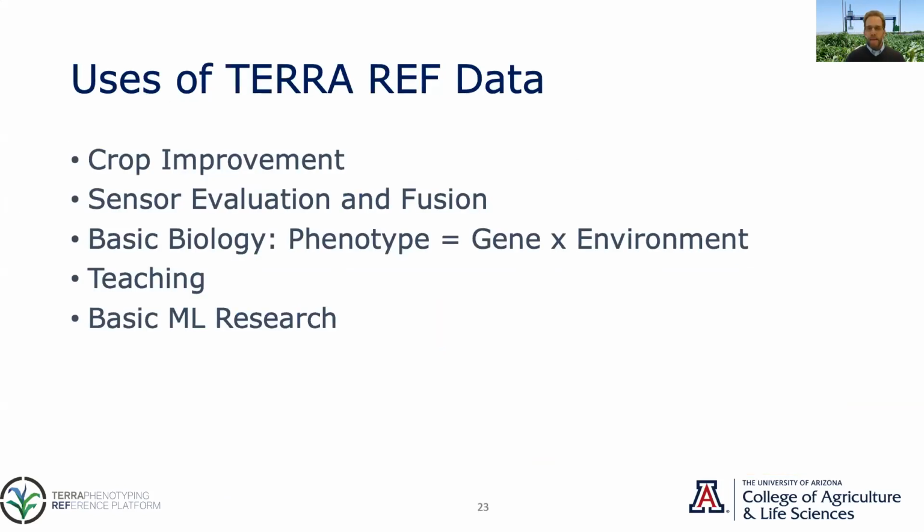There are a number of uses of the TERRA REF data beyond crop improvement, which is kind of the core focus of the program. Even outside of biology, there's a lot of interest in the physics of the sensors, how they work in different environments, and how you can combine images or information from different sensors to make better inference.